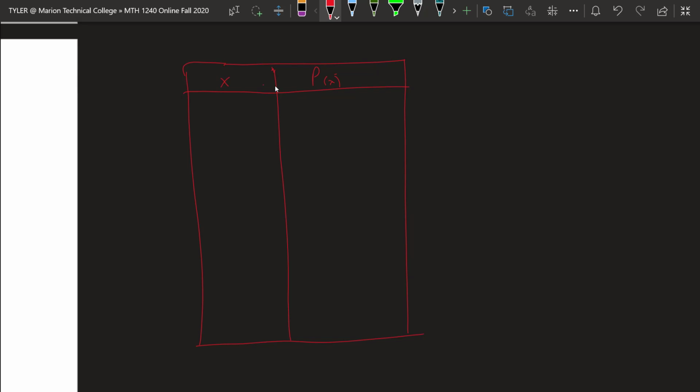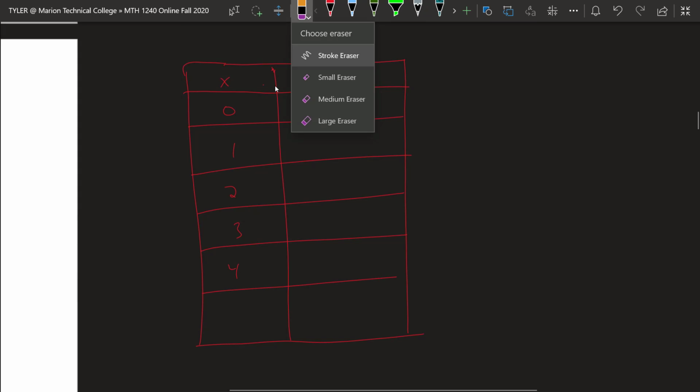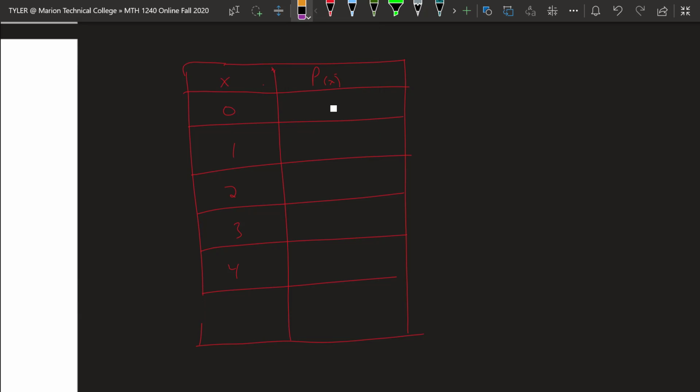Here's the probability of that happening. So x in this case could take on 0, 1, 2, 3, or 4, because we have 4 planes. So either 0 of them could be on time, 1 could be on time, 2 could be on time, 3 could be on time, and 4 could be on time.